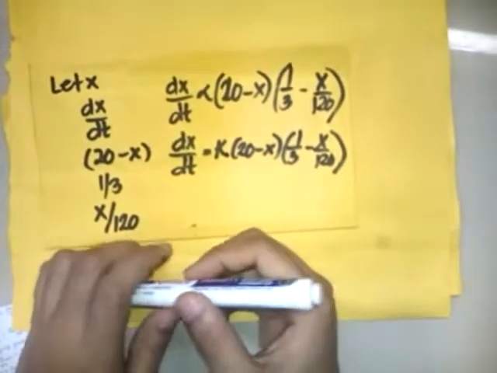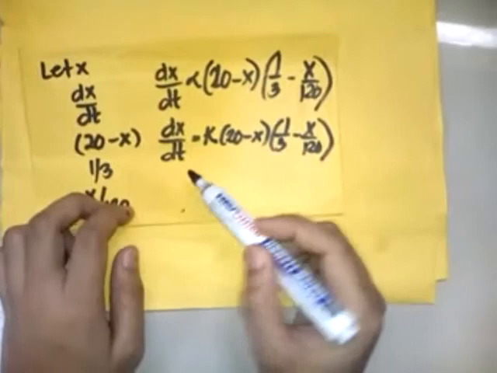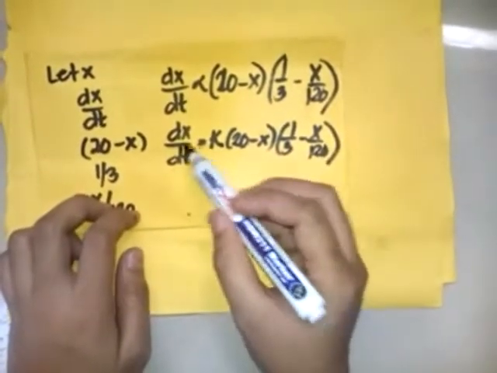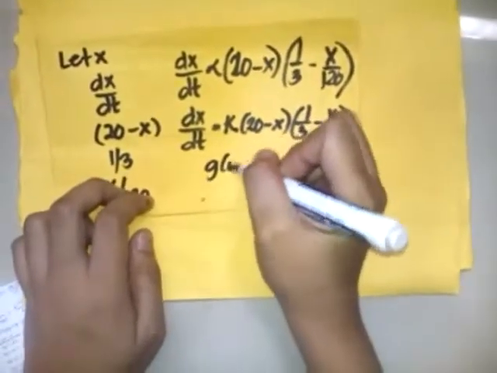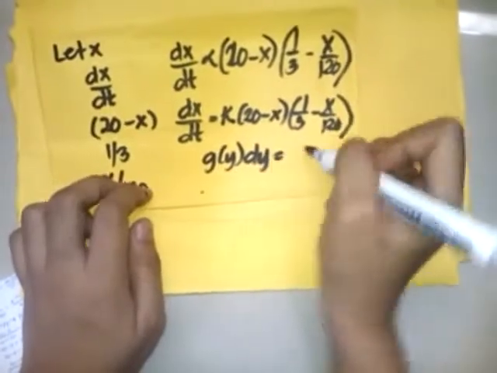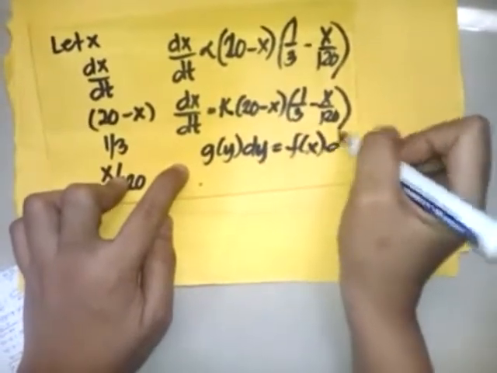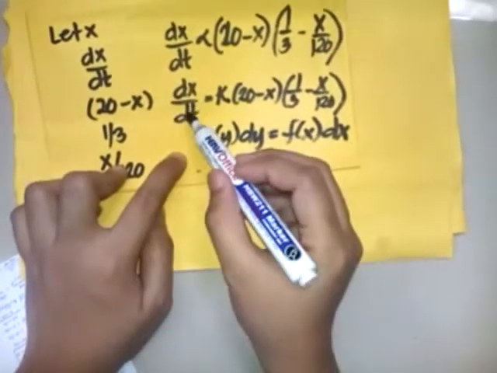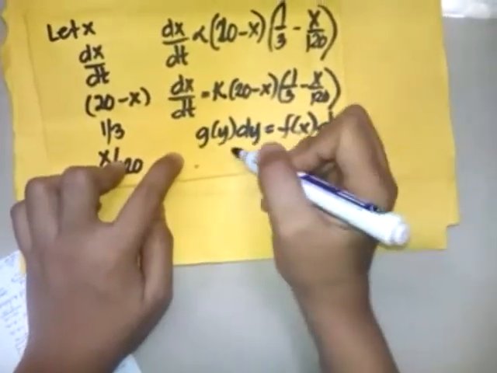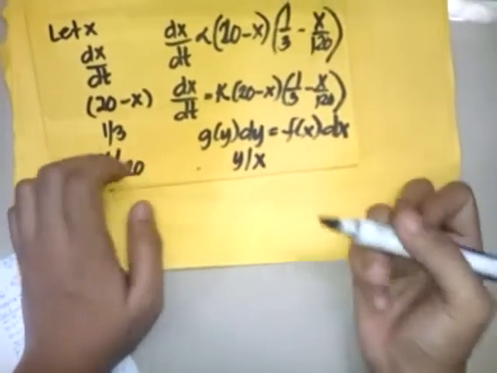By inspection, this ODE can be solved by separation of variables and put into the form g of y dy equals f of x dx, by algebraic manipulations, possibly combined with transformations such as y over x, and solved by integrating both sides.